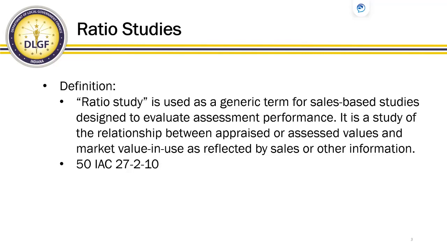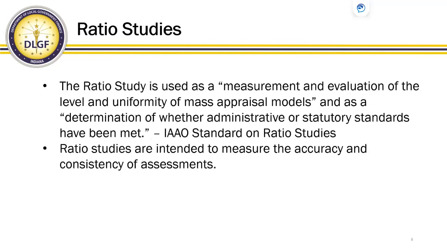So to start, like I said, the definition: a ratio study is a sales-based study meant to measure how accurately we assess property value. To do this, we look at the relationship between assessed values and their market value in use. What we really want to do is make sure of two things. First, we want to make sure each county's mass appraisal model is uniform, same across the board.